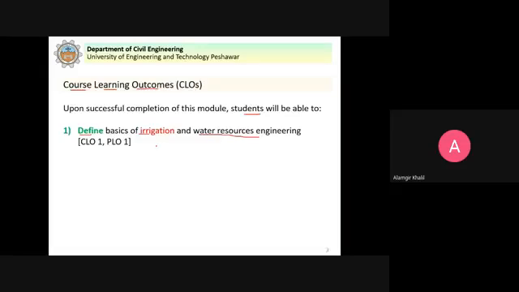As we will cover different topics related to irrigation systems, the different hydraulic structures, and the problems that we face in the form of salinity and water logging, you should be able to define basics of irrigation and water resources engineering.